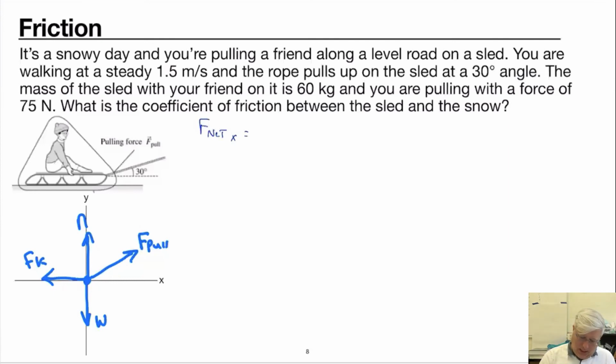Well, the normal force, weight, and kinetic friction are all perfectly along an axis, so that's nice. The only thing that's not perfectly along one particular axis is the pull. So we have to break that down into its components. So we're going to have an x component of the pull, and a y component.